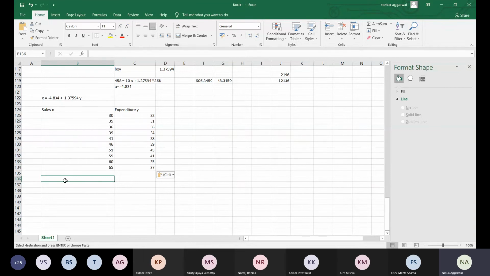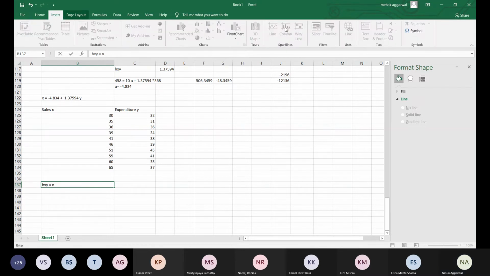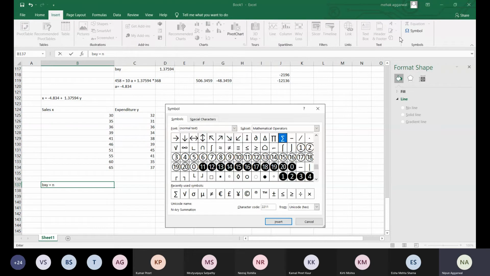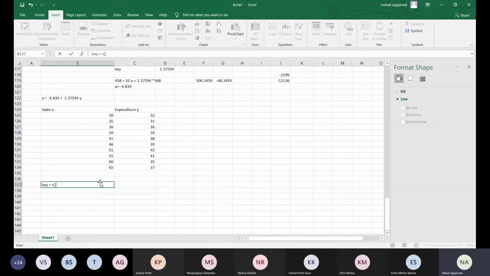So in the case of regression, your numerator, so if we want to calculate, suppose, bxy, so bxy is equal to, your numerator will remain the same, like n summation xy minus summation x and summation y.